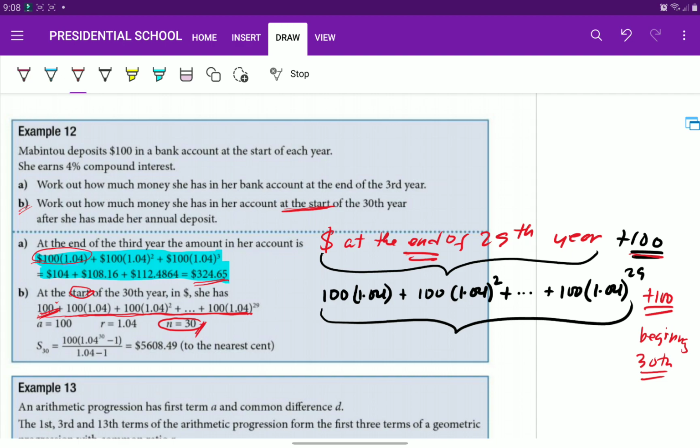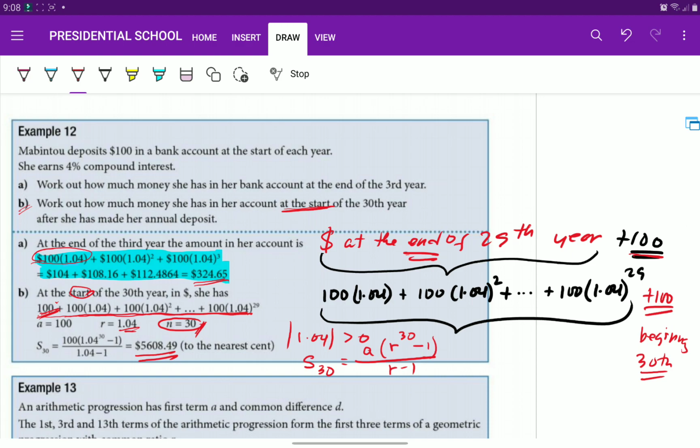And because the modulus of 1.04 is greater than 1, the formula that you're going to use, S30, is equal to the first term times (r to the 30 minus 1) all over (r minus 1), which is actually this when you compute it on your calculator.